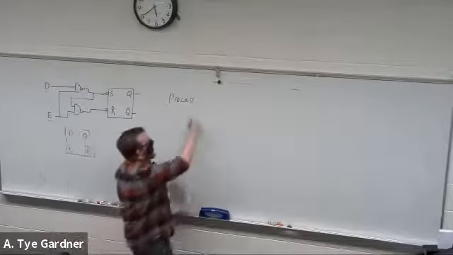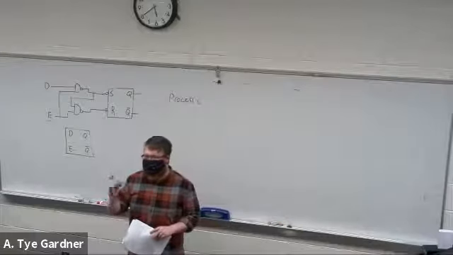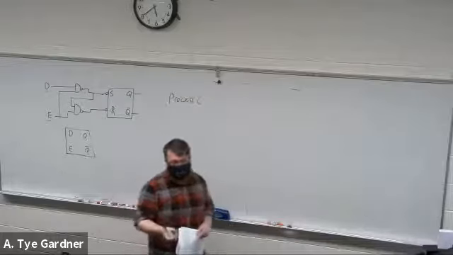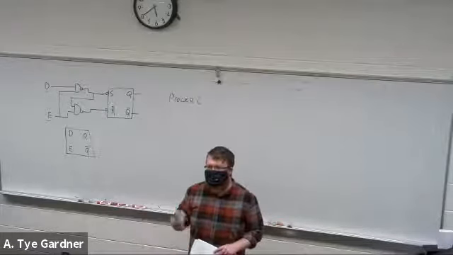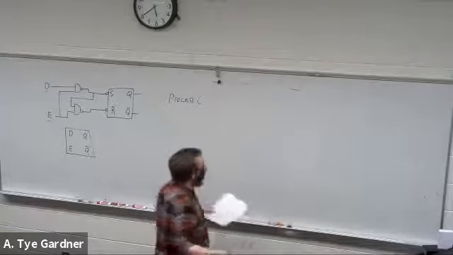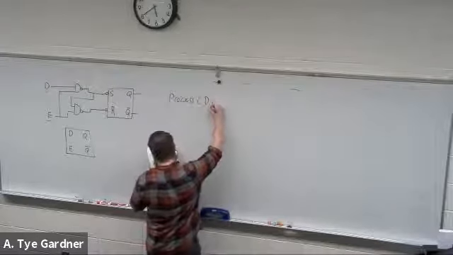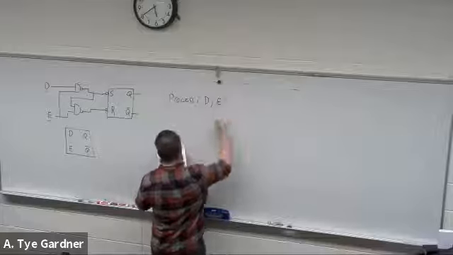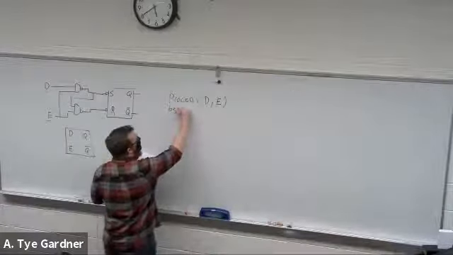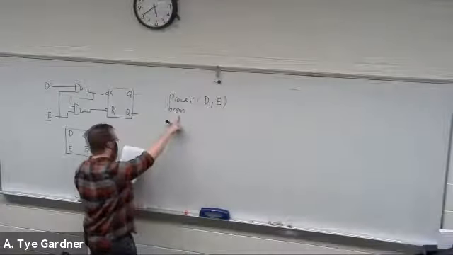So a process is something that executes one time, anytime anything in the sensitivity list changes. In our test benches, we've used processes, but we didn't give them a sensitivity list, so they just ran whenever anything changed. This process, we're going to say we only care if the inputs change, which are D or enable. And then process does not have a semicolon at the end, but it does have a begin keyword here.